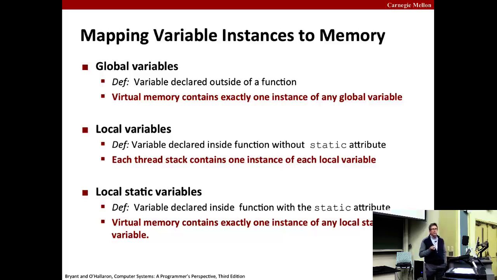But that static variable is stored along with all the other global variables. So any static variable declared inside of a function has exactly one instance in memory. And if multiple functions declared a static variable with the same name, the compiler would disambiguate those somehow, making that name unique.